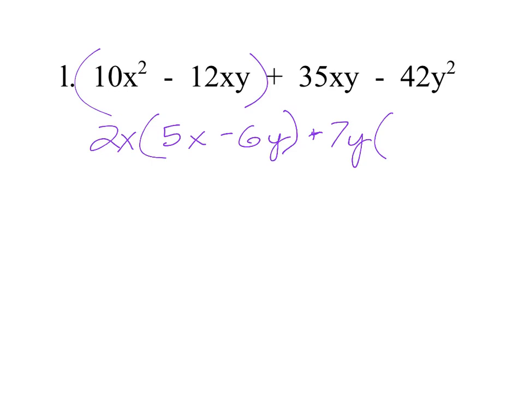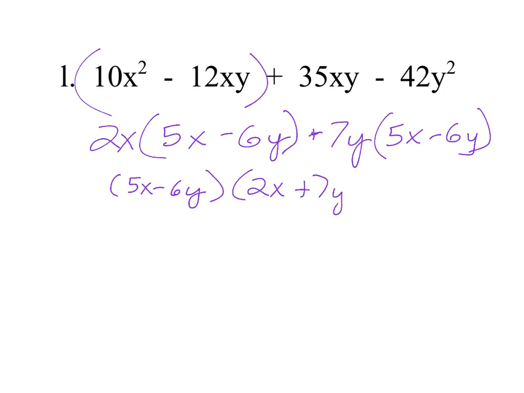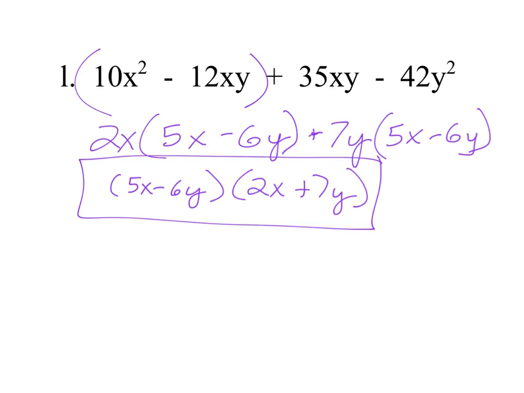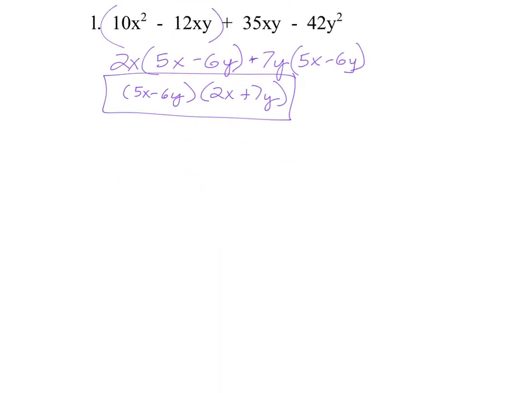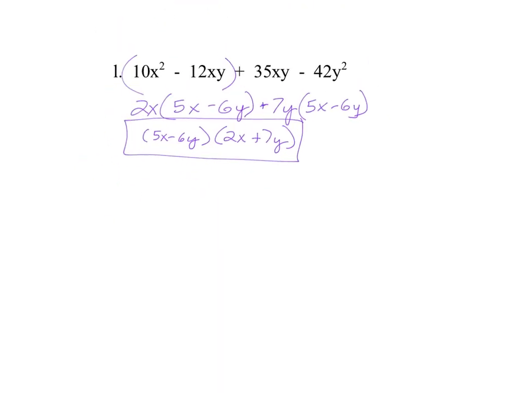When I pull out 7y, I end up with 5x minus 6y. Sure enough, those two are the same, so I can pull them out, 5x minus 6y. And I have 2x plus 7y. And that's my final answer. And I believe we are done. Thank you.